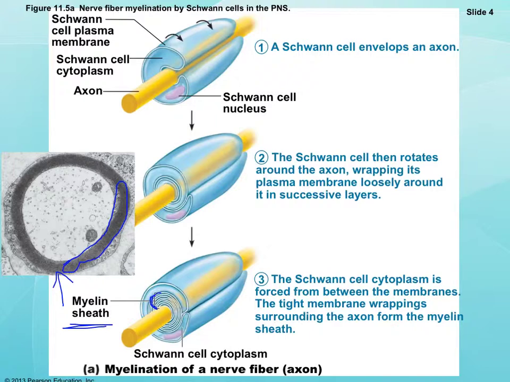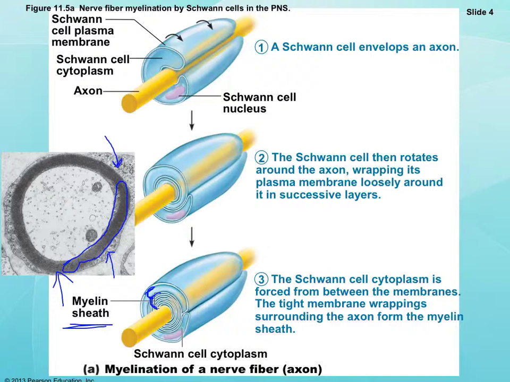And in fact, you do have the outer layer, which has a little bit of cell, the cytoplasm, and also the nucleus. Don't forget, Schwann cell is a cell, so the nucleus is there. So the outermost layer here, you see there's a lot of cytosome there. It's kind of transparent compared to the myelin sheath.